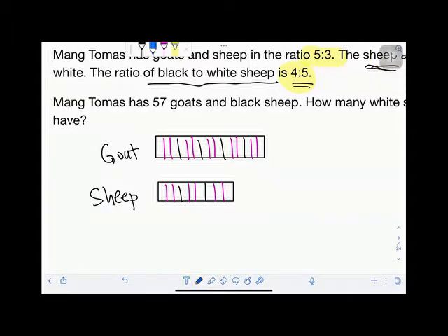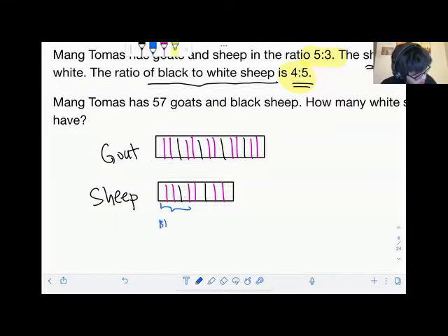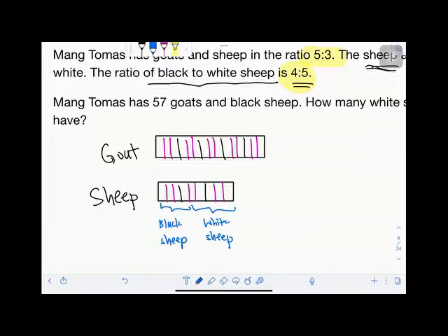Tapos po, sabi niya, Mang Tomas has 57 goats and black sheep. I-label po natin muna yung black at saka white dito sa sheep. Bali po, 1, 2, 3, 4, so 4 po, tsaka 5 po. Black sheep. Ito, 5, white sheep. Bali po yung black, idadagdag po sa taas para po mag-total tayo ng 57.